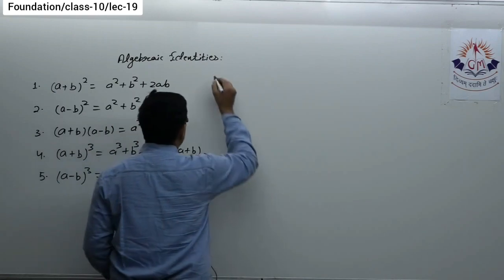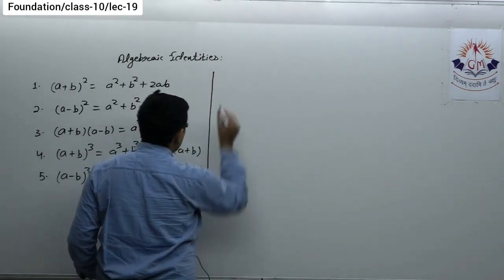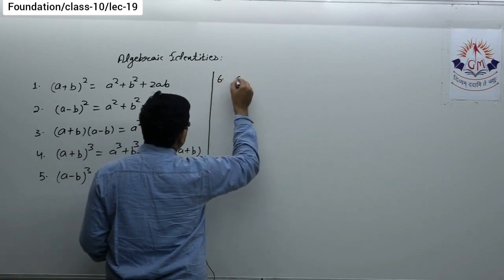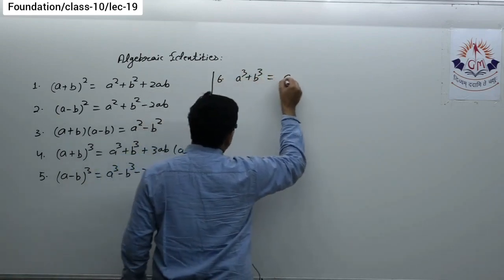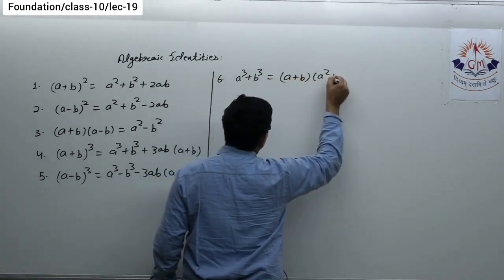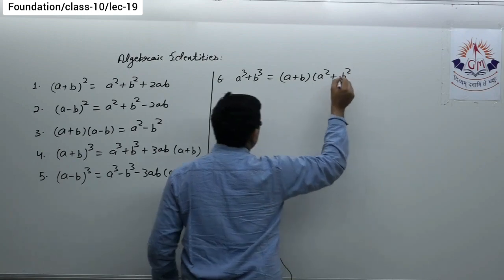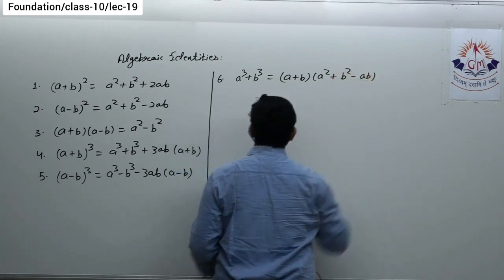Sixth one is a cube plus b cube. That is (a plus b) into (a square plus b square minus ab).